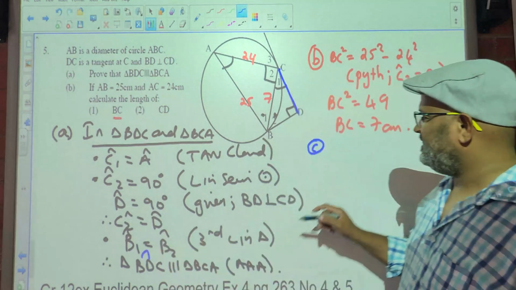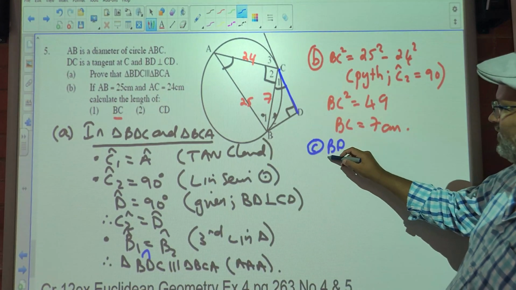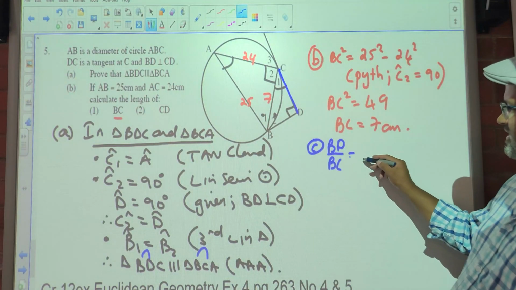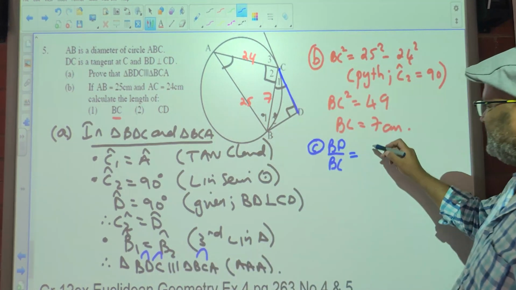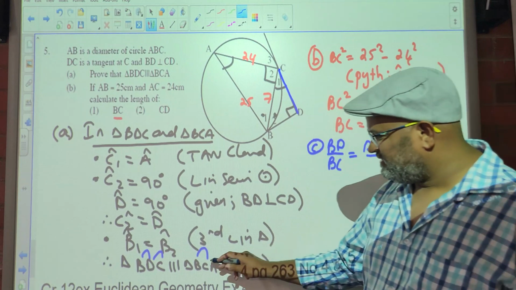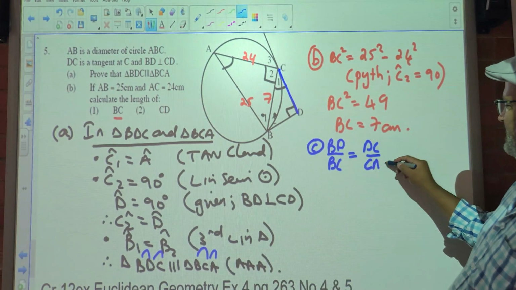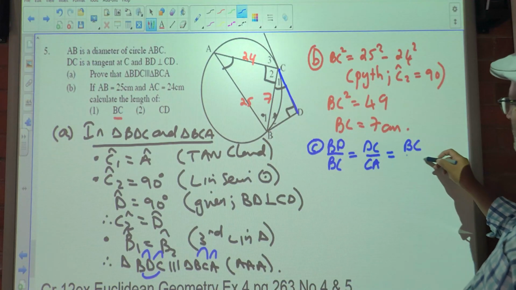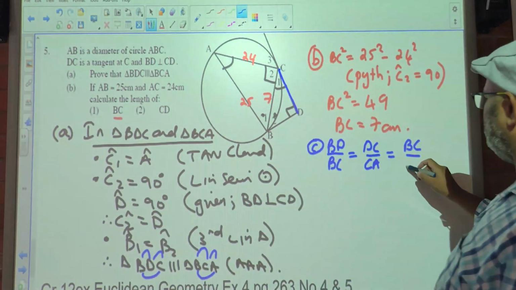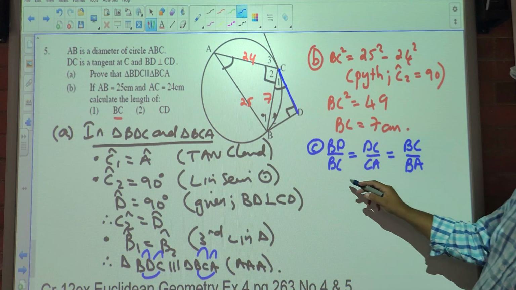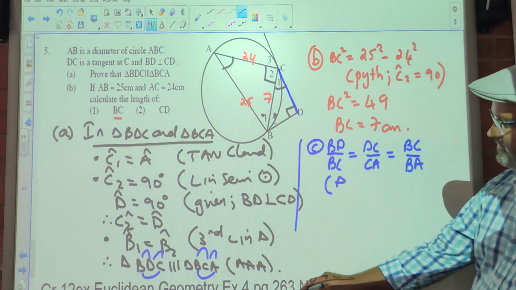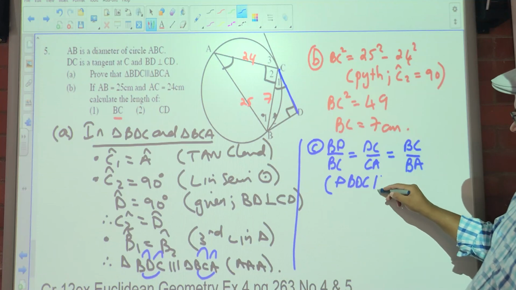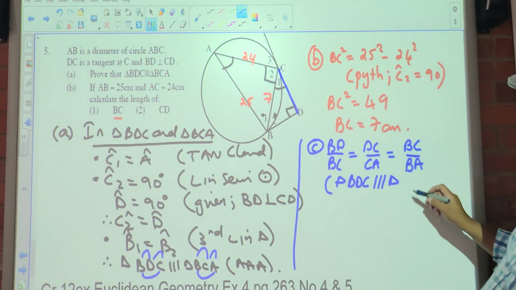I say BD over BC is equal to DC over CA equals BC over BA. Why? Because triangle BDC is similar to triangle BCA.